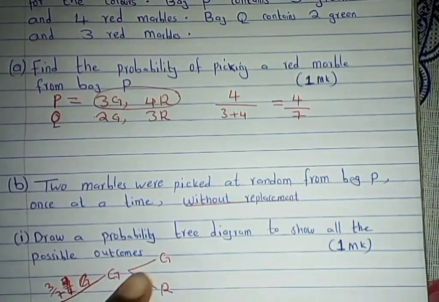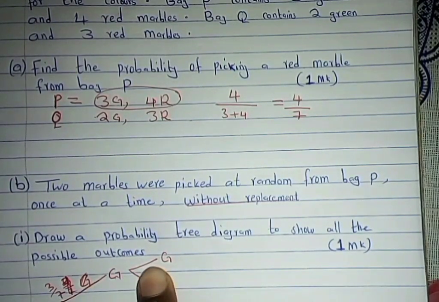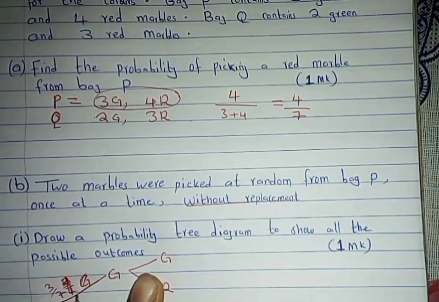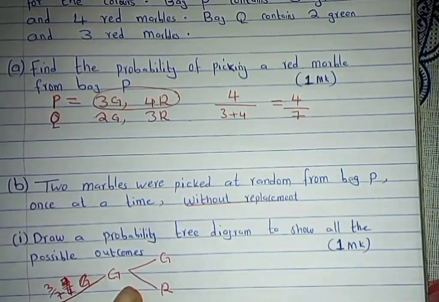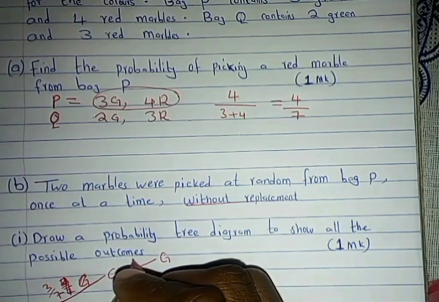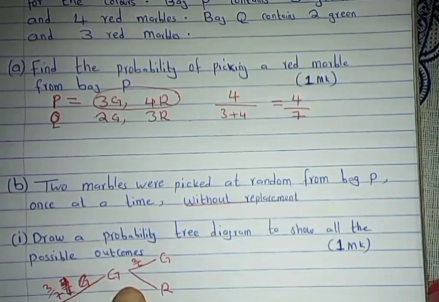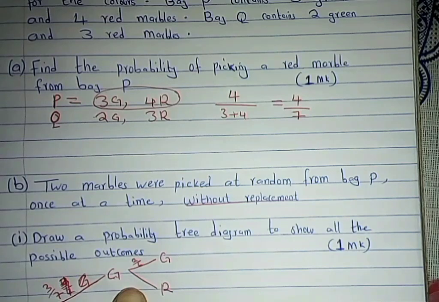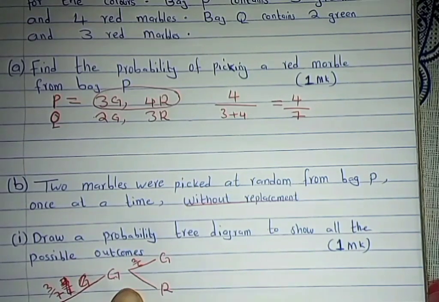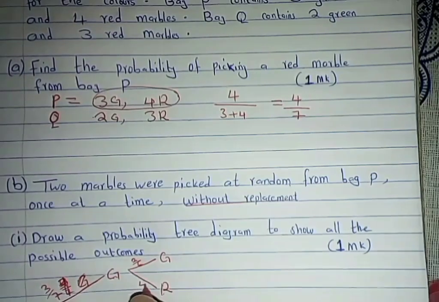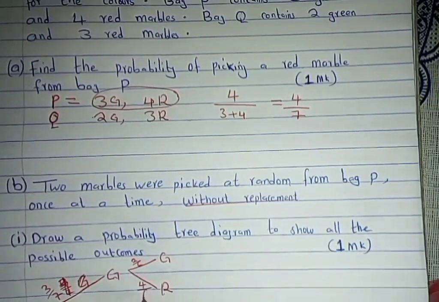If you pick another green, that means the number of green will remain 2, and the total number will reduce by 1, so it will be 2 out of 6. And if you try to pick a red, the number of red remains 4 out of, but the total will reduce by 1, that is 6.